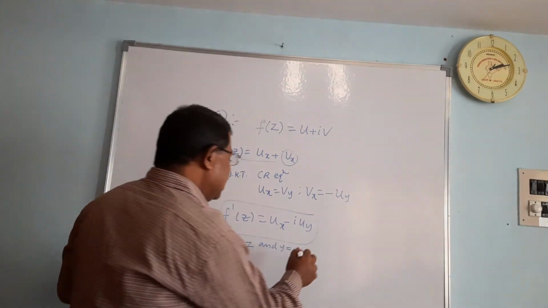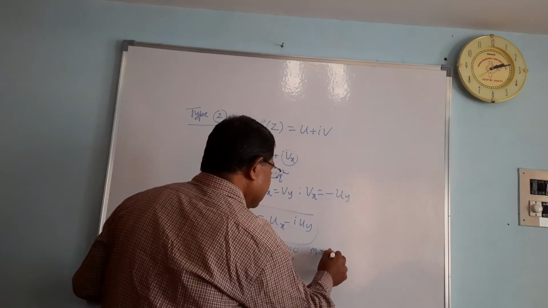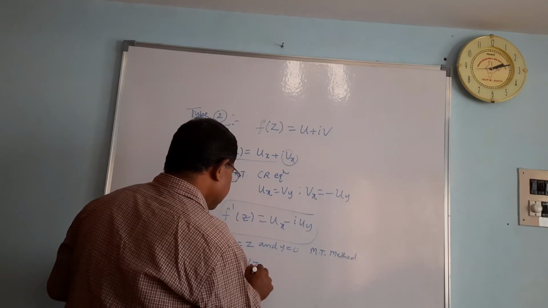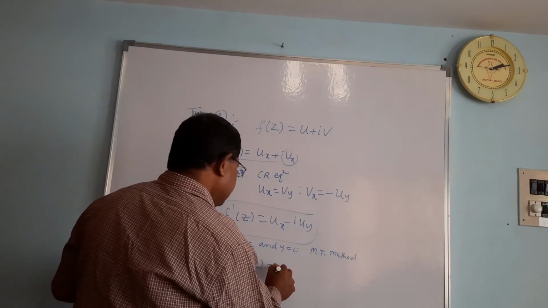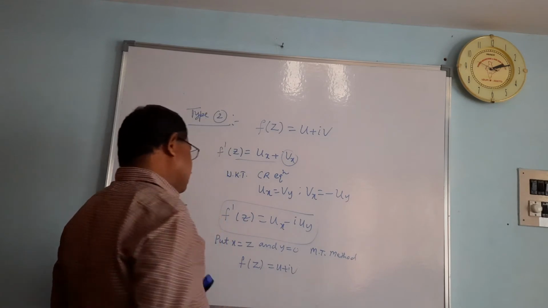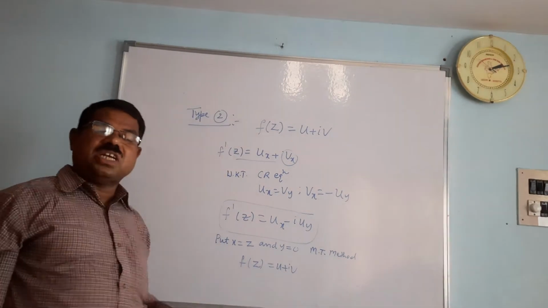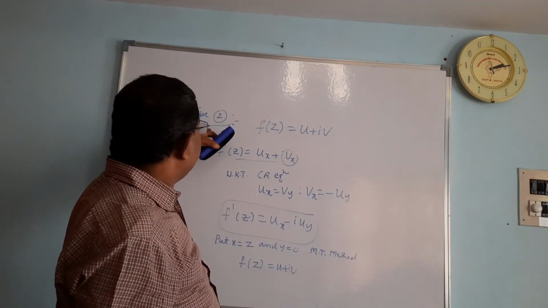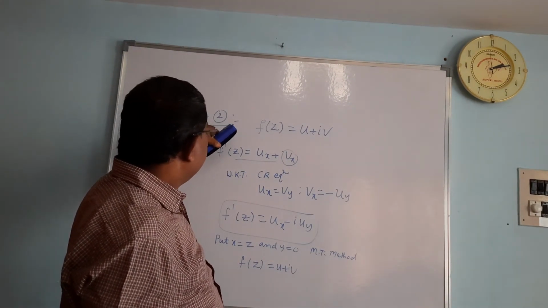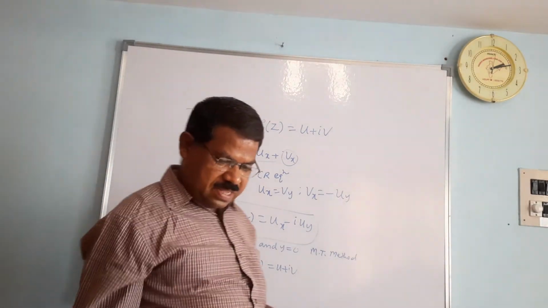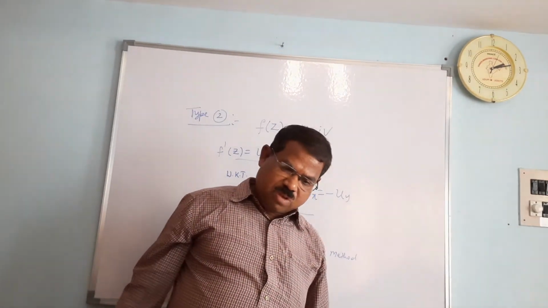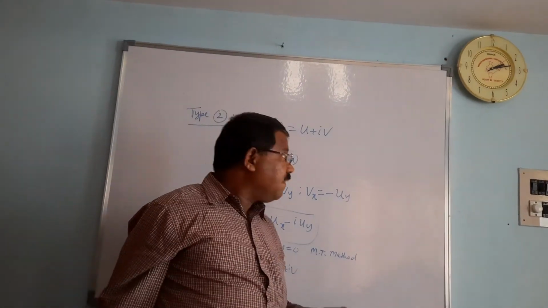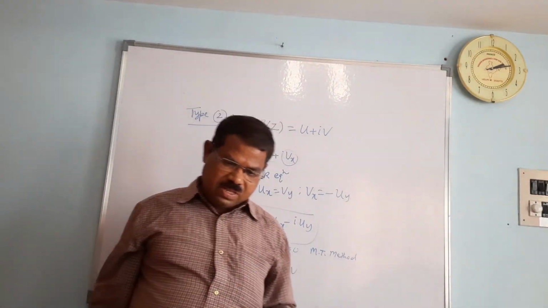This is known as the Milne-Thomson method. And finally, we get the analytic function f of z. This is the procedure, the working procedure. Type 2 method, right? Now, you have to take problems in this type 2 method.